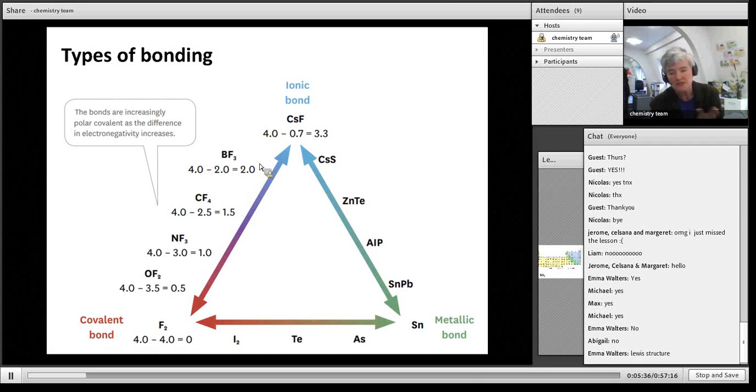BF3 is considered non-polar, and that has a difference of 2, but anything from 1.7 upwards is starting to be considered an ionic bond, where the sharing is so unequal that one has all the electrons and so is an anion, and the other has lost an electron and so is a cation. So do you get this idea of the sharing becoming more and more uneven until you get to the ionic?